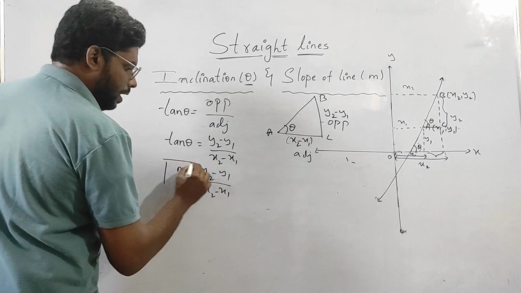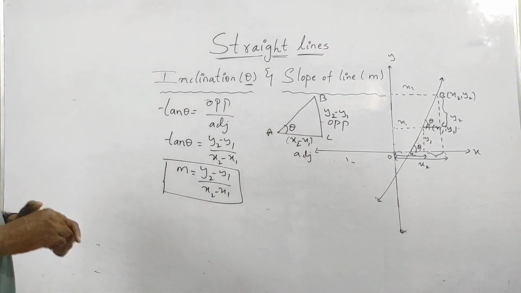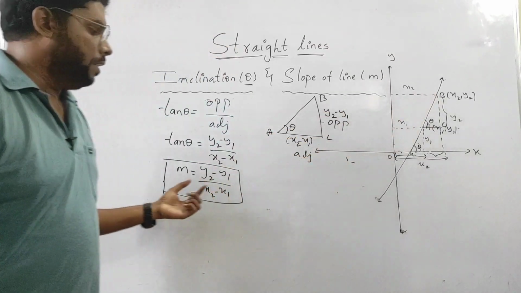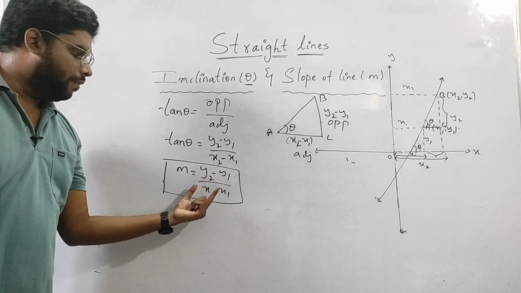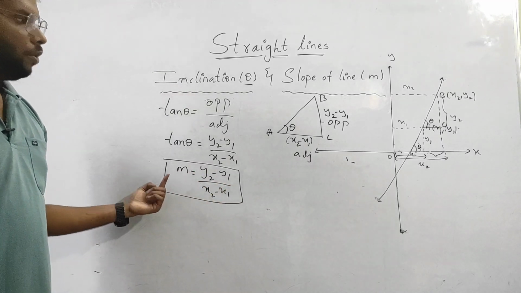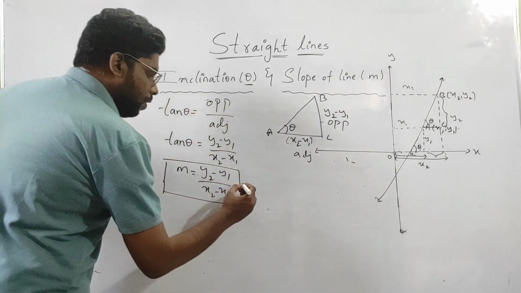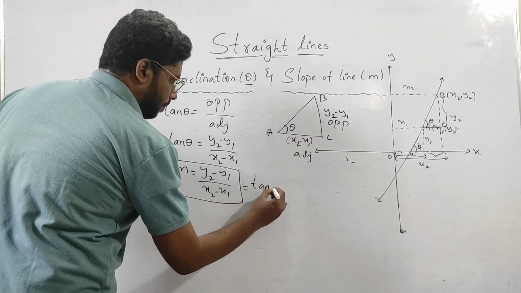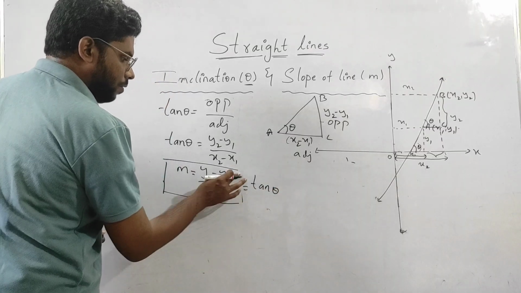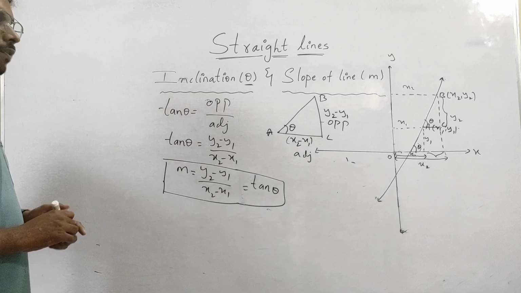This is the formula to find the slope of a line when two points are given, and it is also equal to tan theta when the inclination is given.